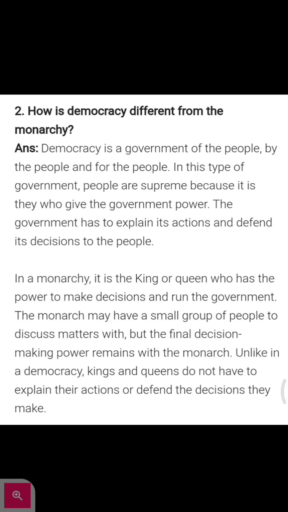In a monarchy, it is the king or queen who has the power to make decisions and run the government. The monarch may have a small group of people to discuss matters with, but the final decision-making power remains with the monarch. Unlike in a democracy, kings and queens do not have to explain their actions or defend the decisions they make.